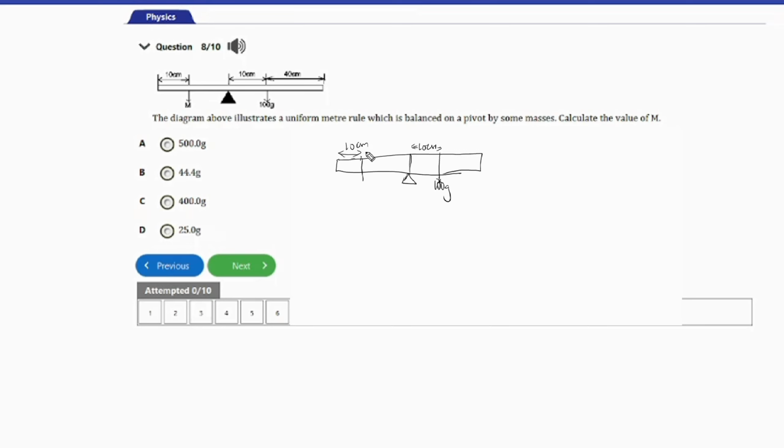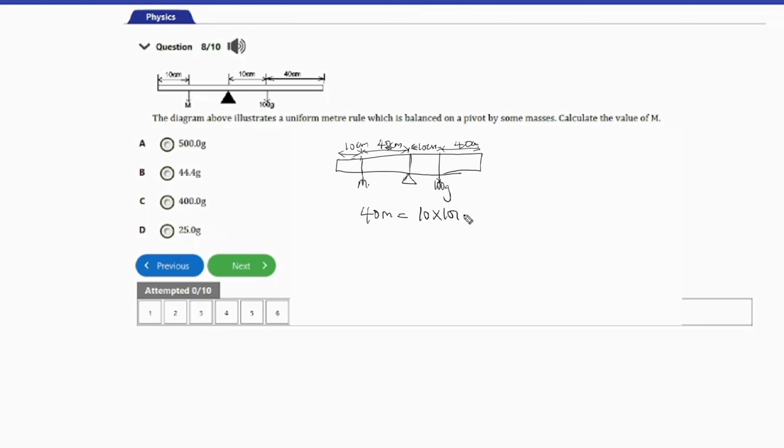So let's also note that if this distance is 10 cm, it means that the distance from the mass to the center where it pivots will be 50 minus 10, and that's 40. So if we use that the clockwise moment is equal to the anti-clockwise moment, we are going to have that 40 m is equal to 10 times 100.